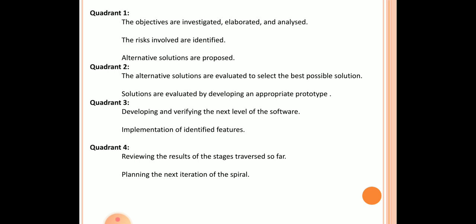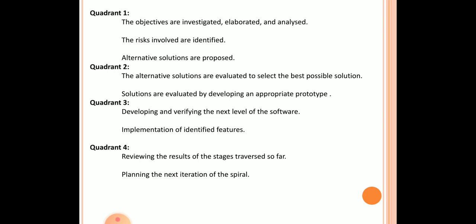In the second quadrant, the alternative solutions are evaluated, and we select the best possible solution from them. The solutions are evaluated by developing an appropriate prototype. The third quadrant consists of developing and verifying the next level of the software, and we implement the identified features of the software.